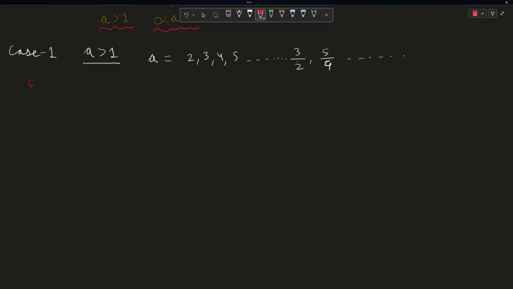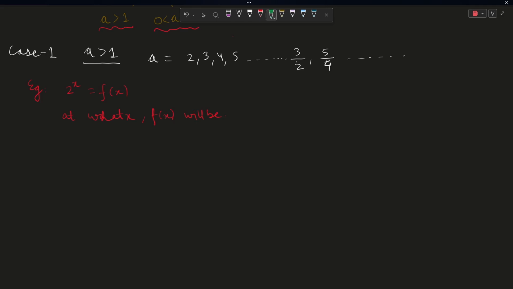Let's say I am taking the example 2 to the power x. Now when 2 to the power x is equal to f of x, to draw this graph, I must know what the value of f of x will be at each x. So we need to find the points.